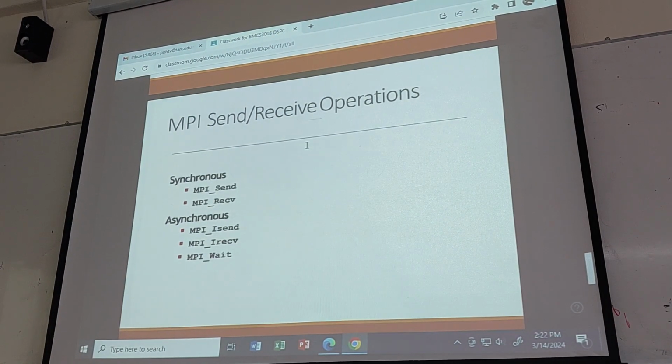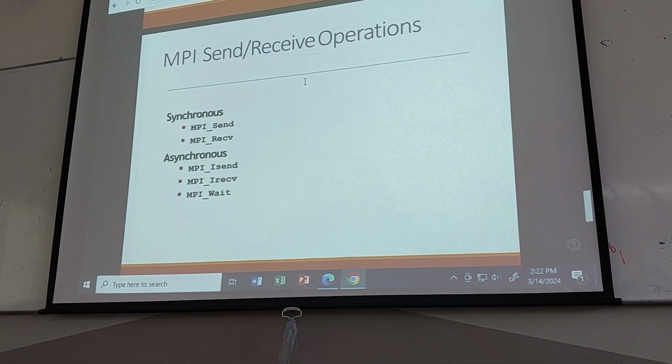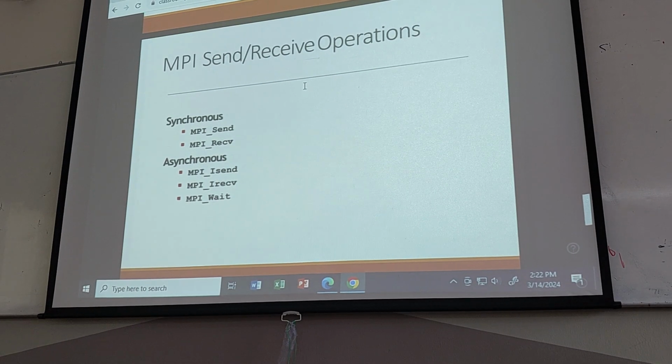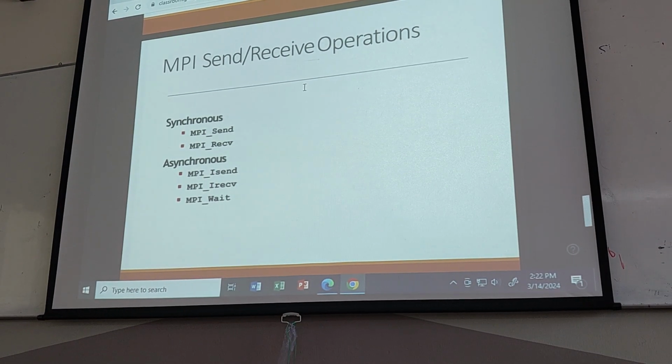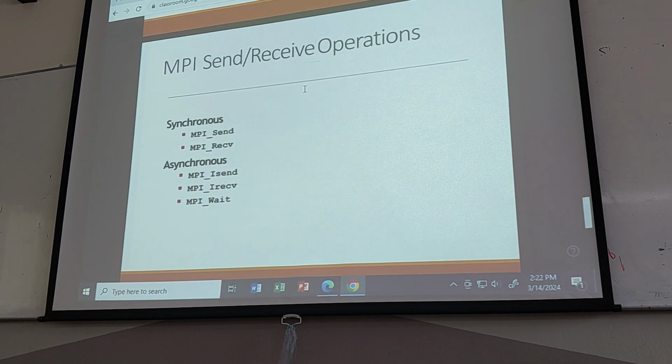This is the one that I was talking about, MPI send and MPI receive for the synchronous. So only two functions, very simple. But for asynchronous, you have three: MPI I send, MPI I receive, and MPI wait. Wait is actually used by both. The example just now was not for MPI, it was just for general discussion.